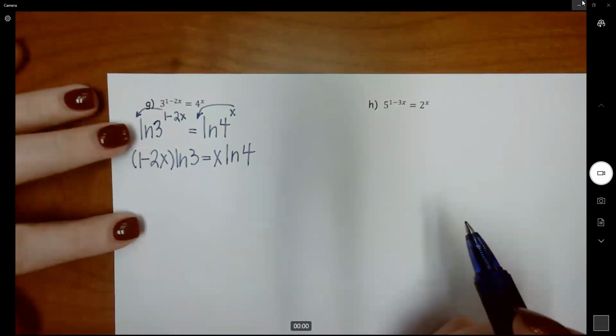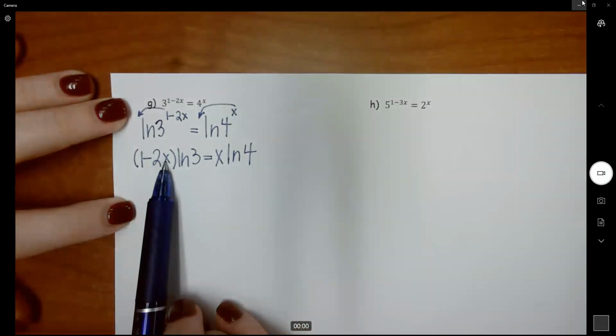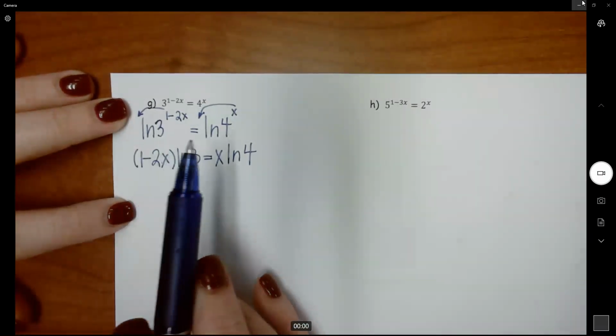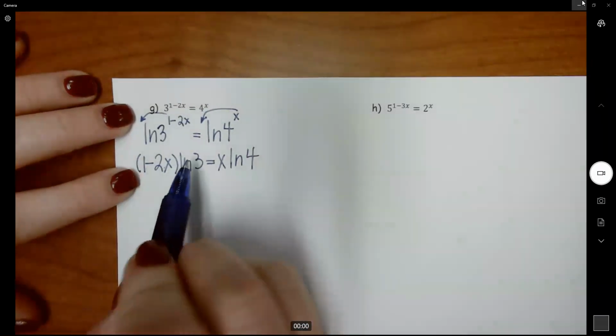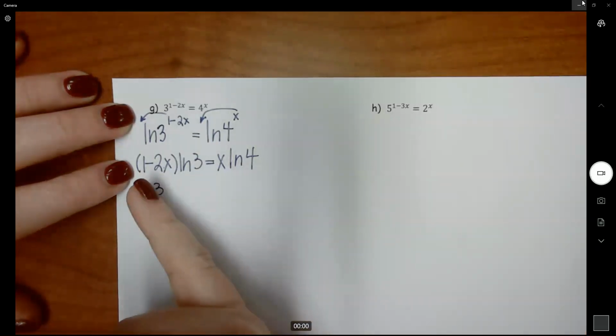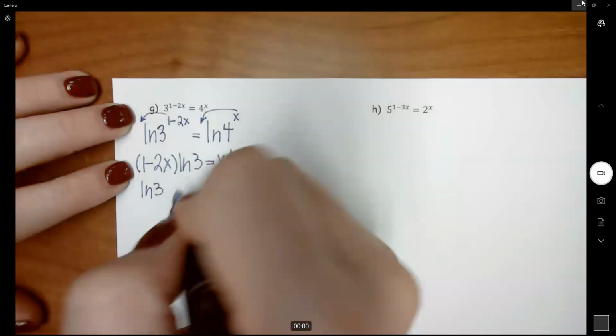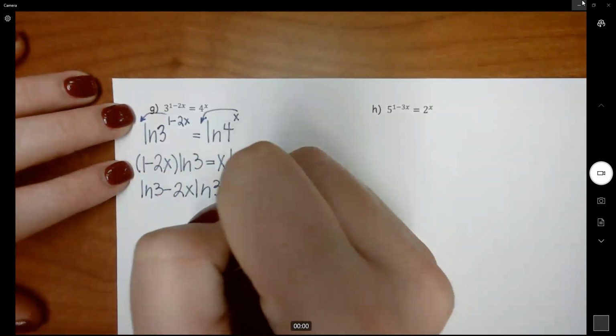Okay, the goal is to get x by itself, and so before I can do that, I need to distribute basically this natural log of 3. So 1 times natural log of 3 is natural log 3. Negative 2x times natural log 3 is negative 2x natural log 3.